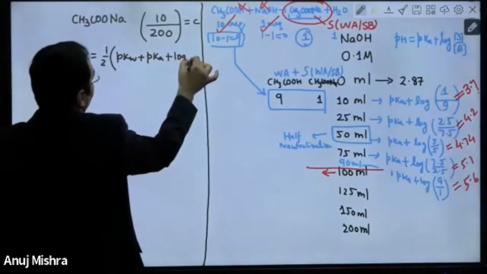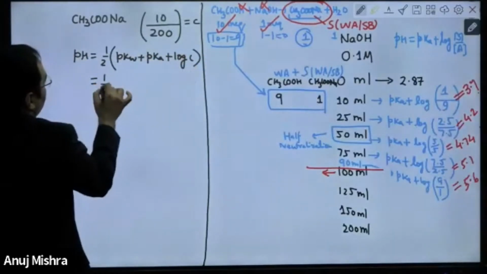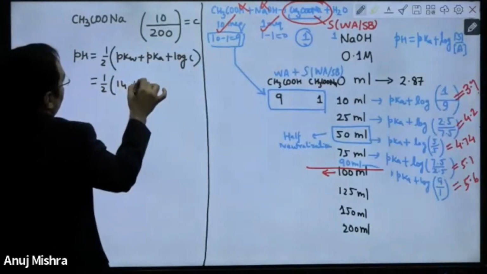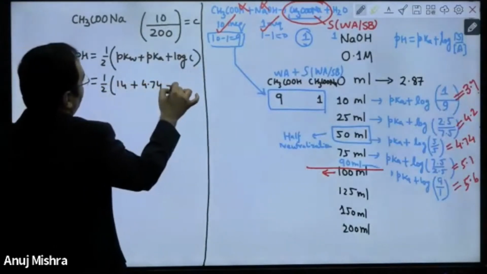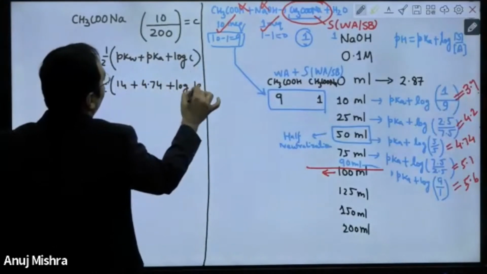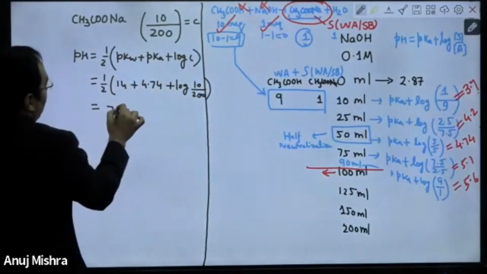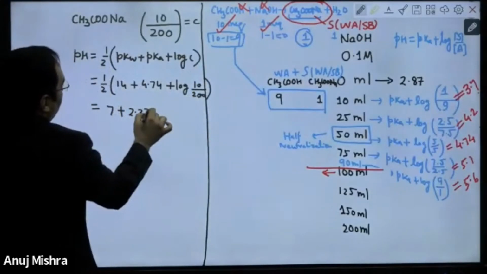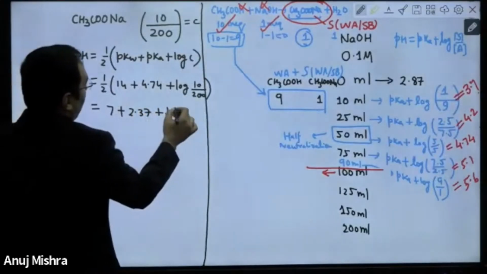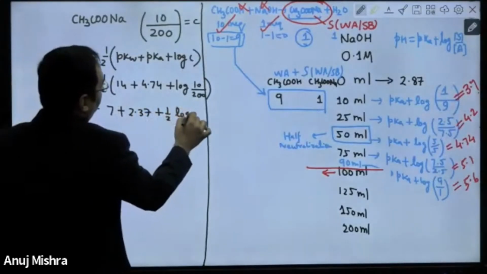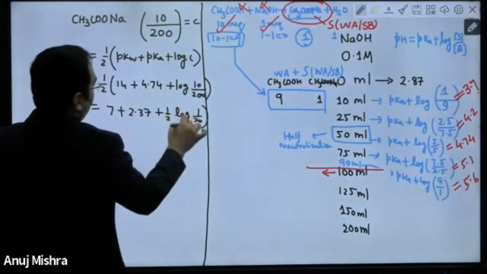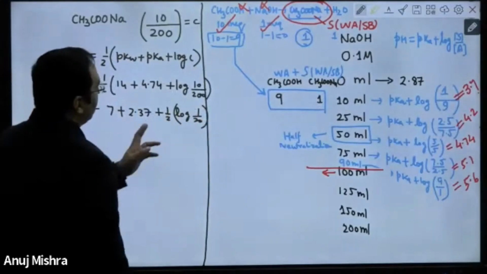That was the formula. Okay, let's put in the values. 14, 4.74, log of 10 by 200. Solve it. 7, 2.37 plus half of log of 1 upon 20. Log of 1 upon 20 is how much?